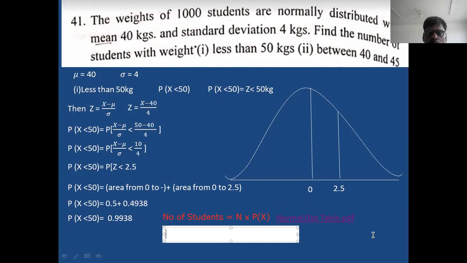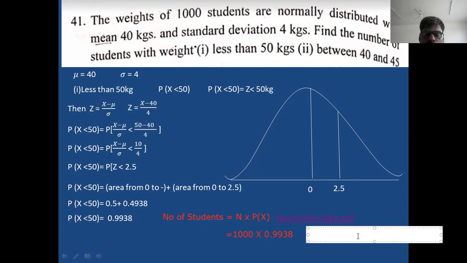N is 1000, the total number of students. So 1000 into 0.9938 is equal to 993.8.